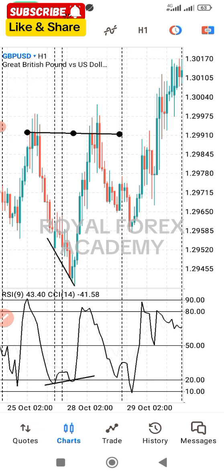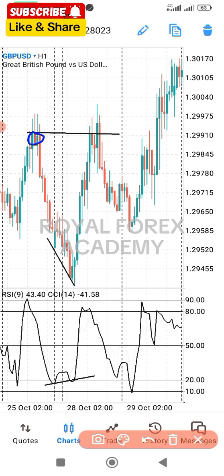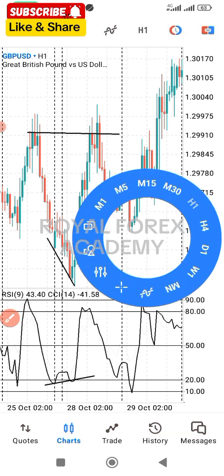So this is a break of structure. This high was broken. This is a BOS, a break of structure. And when we have a break of structure, price changes direction.